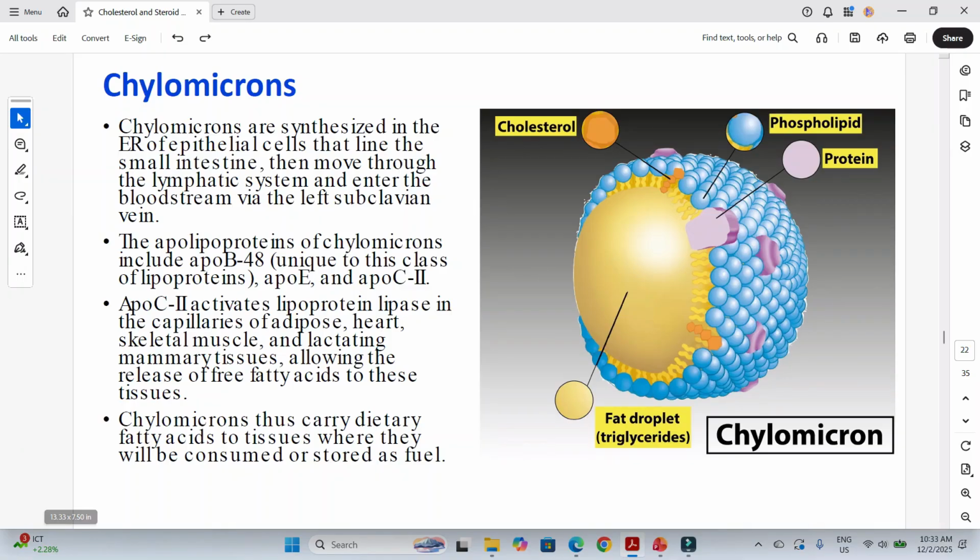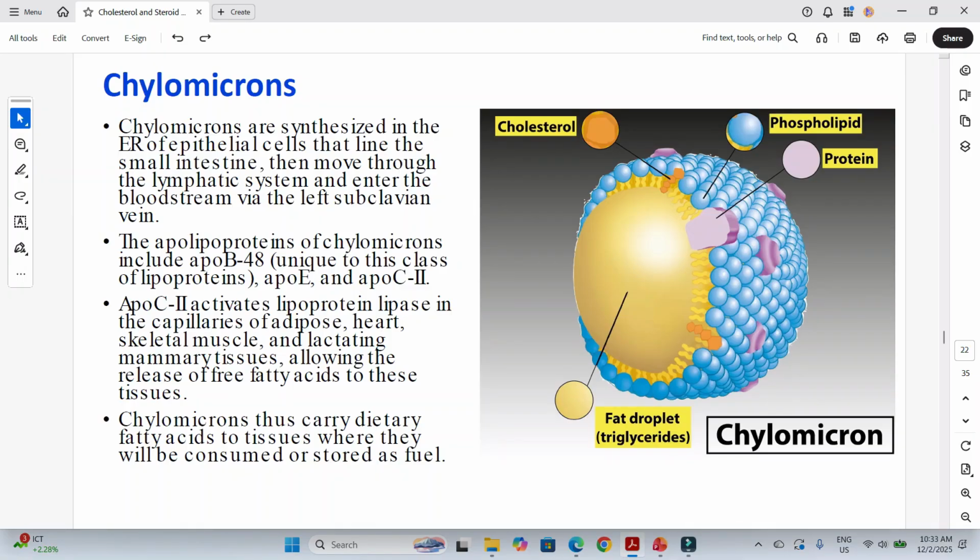Okay, as a source of energy, perhaps, or in the case of adipose, for storage purposes. Now, chylomicrons thus carry dietary fatty acids. It is important to take note of that. Dietary fatty acids to tissues where they will be consumed or stored as fuel.